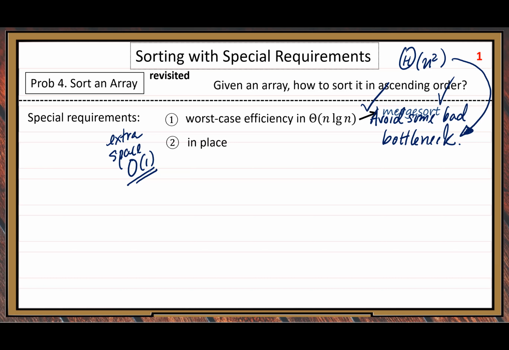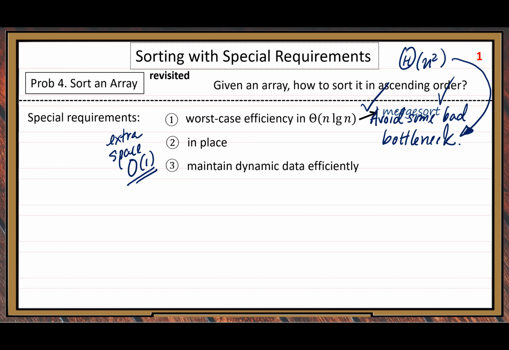For this requirement, we know quicksort satisfies it, but merge sort does not. You can see, with the first two requirements, we filter out both merge sort and quicksort. With these first two requirements, we cannot consider either merge sort or quicksort.